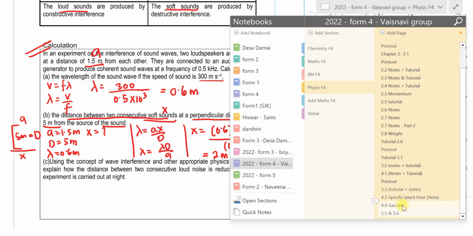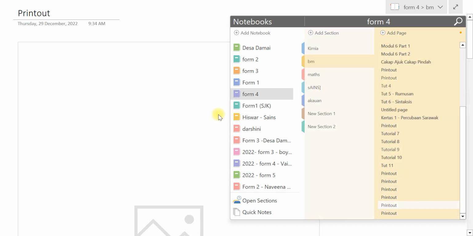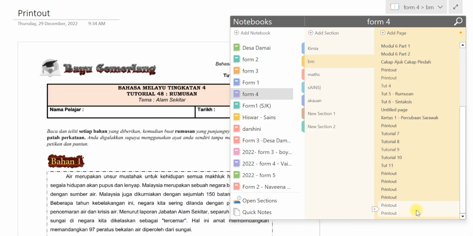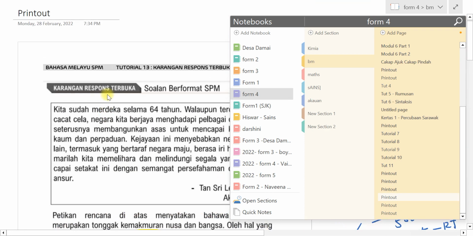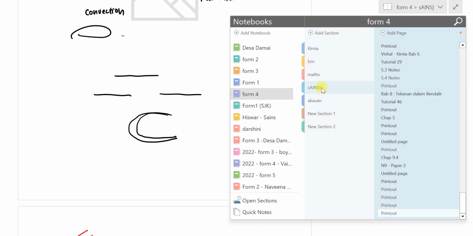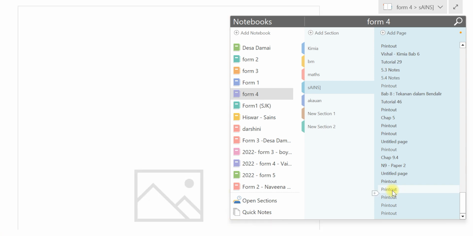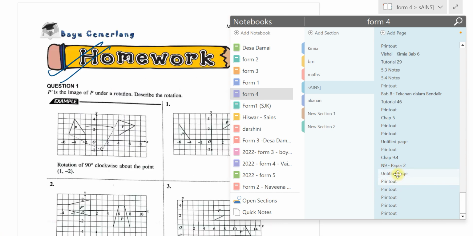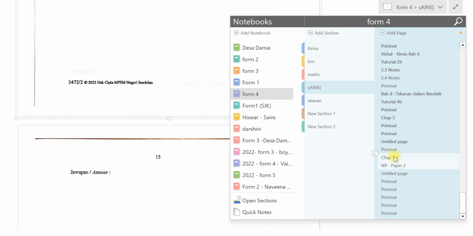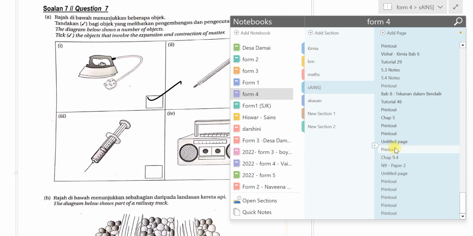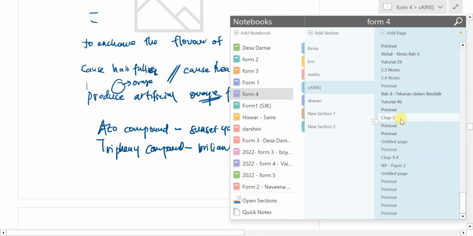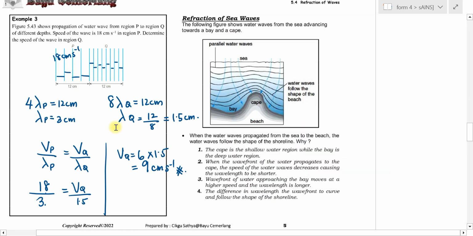Okay, but I just recall for you. Where is your 5.4? Missing saja. Kejap. Yeah, 5.4 notes.